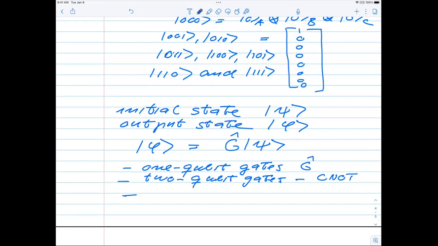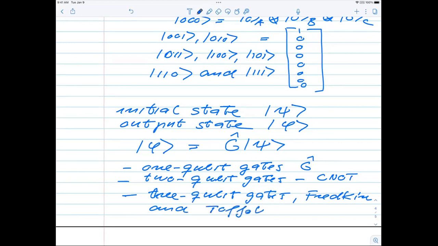And then we have 3 qubit gates, and those which we will encounter if we get time next week are the so-called Fredkin and Toffoli gates. Okay, so let's take a closer look at the 1-qubit gates.